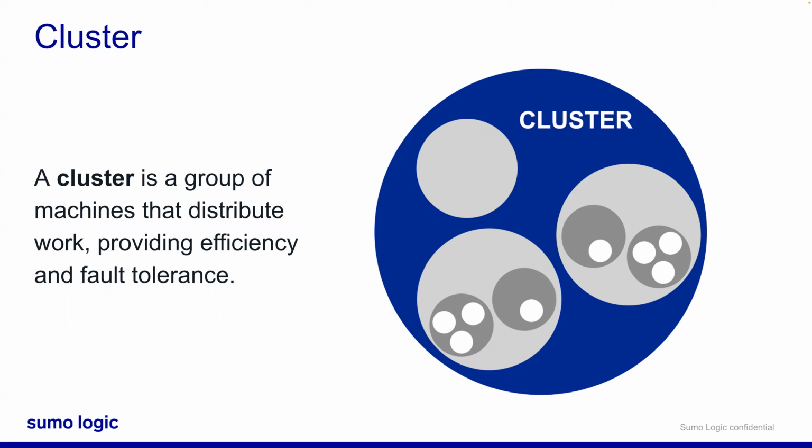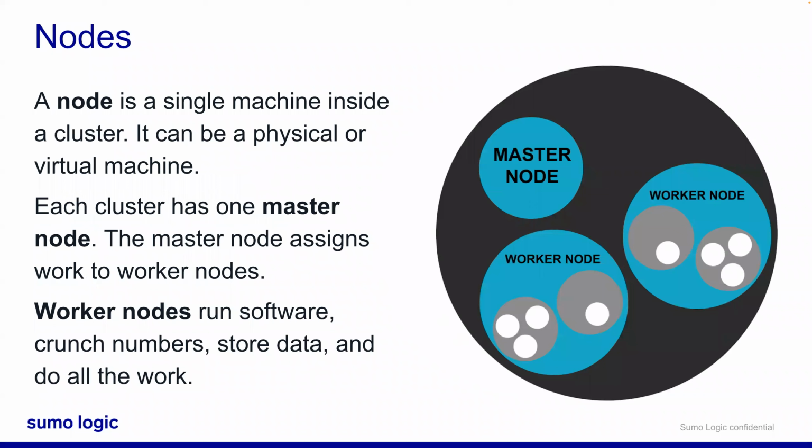So if one machine breaks or suffers a power outage, your app can still run. Now getting down to that node level that I mentioned earlier. The node is going to be one of the machines in that cluster. The master node is the primary and is going to be in charge of managing the worker nodes. And then the worker nodes are going to be the ones that actually do the work, that are going to run the software. And once again, those are sometimes called the secondary.